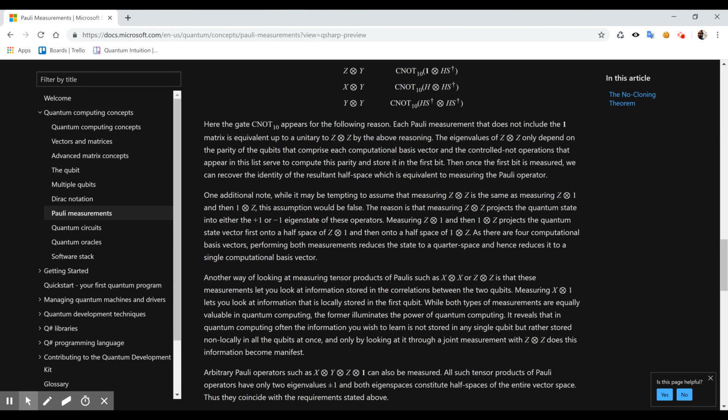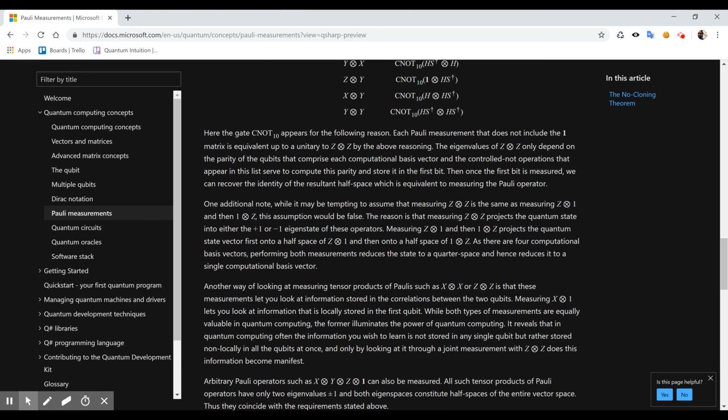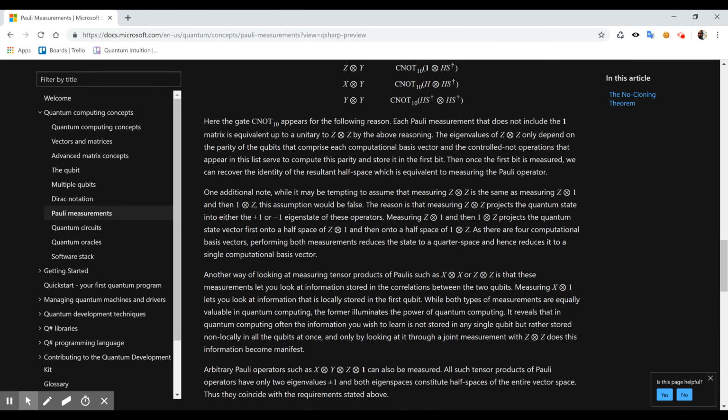I don't quite understand that. Measuring Z1 projects the quantum state into either the +1 or -1 eigenstate of these operators. Half space into half space.